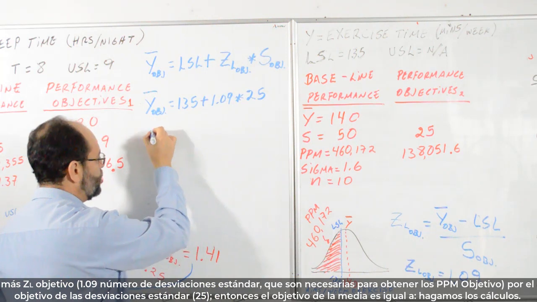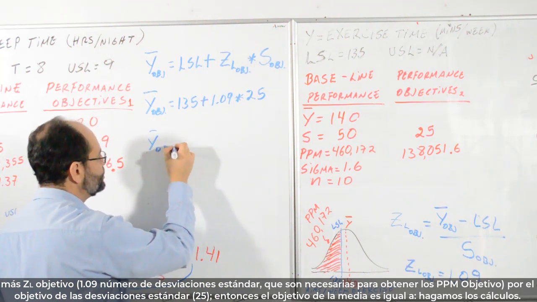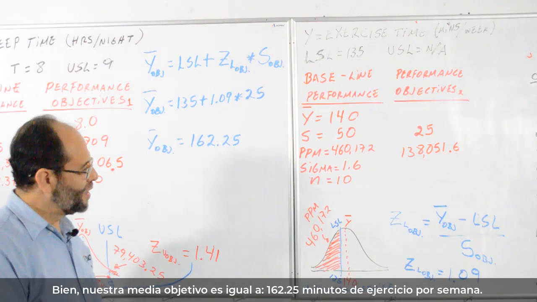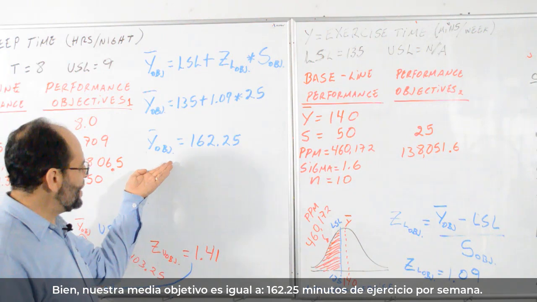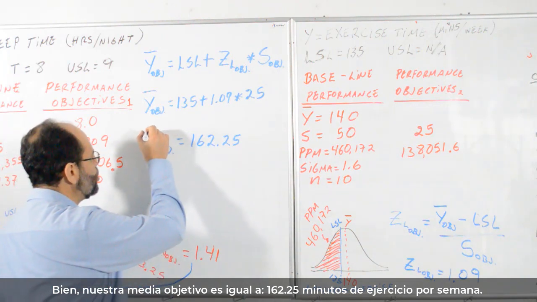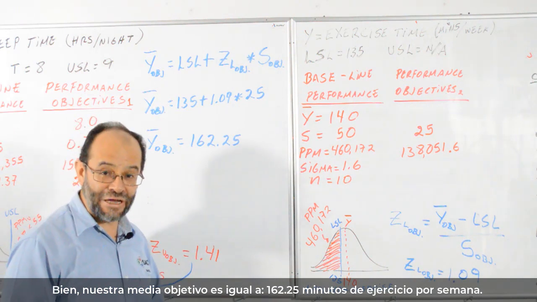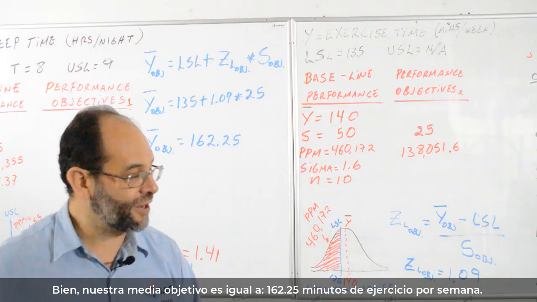Then the mean objective is equal to, let's do the calculations. Well, then our mean objective is equal to 162.25 minutes of exercise per week.